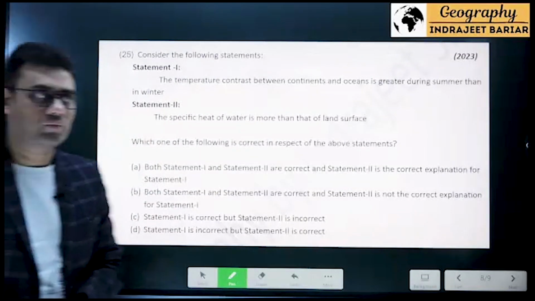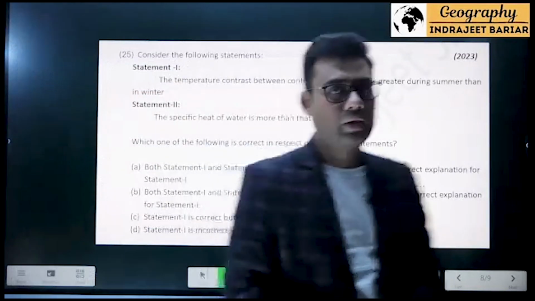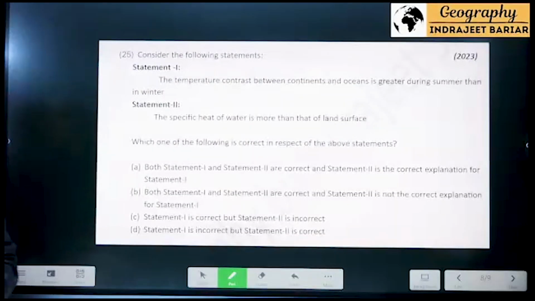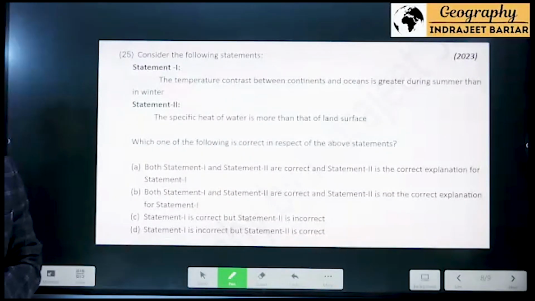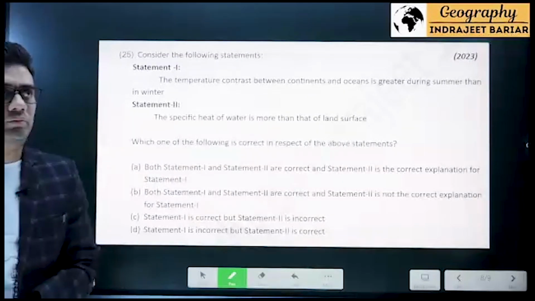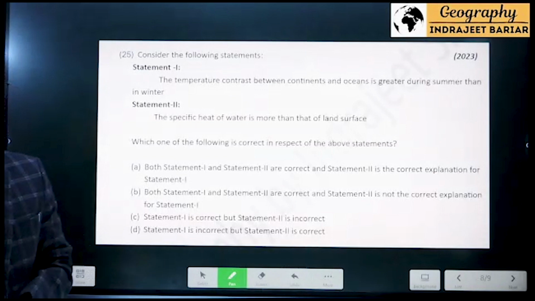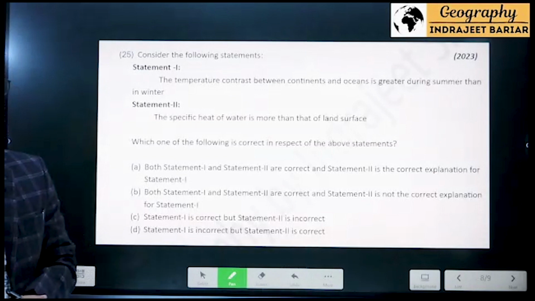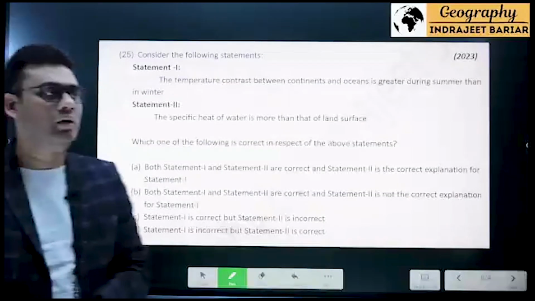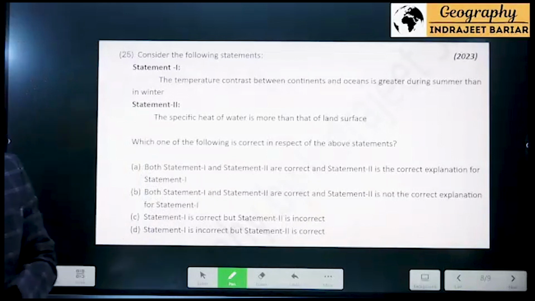Tell me the answer. So fourth. What should be the answer? The first statement is wrong and the second. Yes, come up with the answer. Sir, is it option D? Let's see. Paritosh, what do you say?